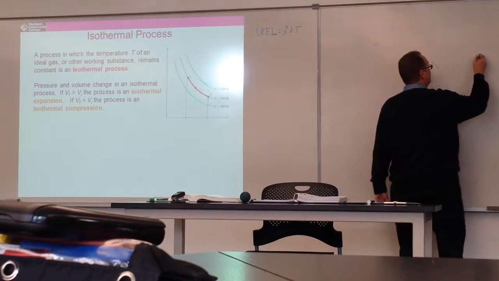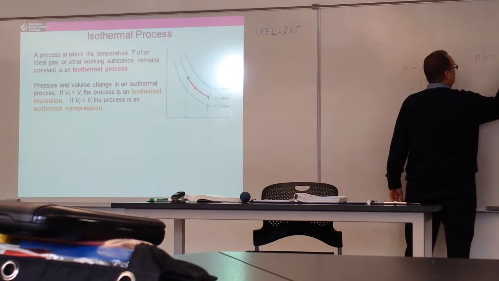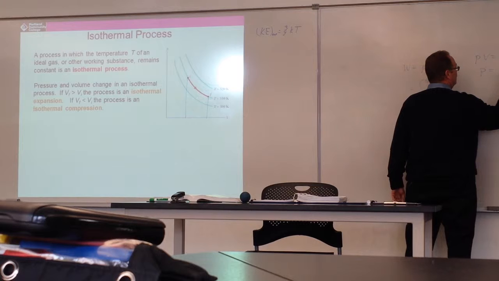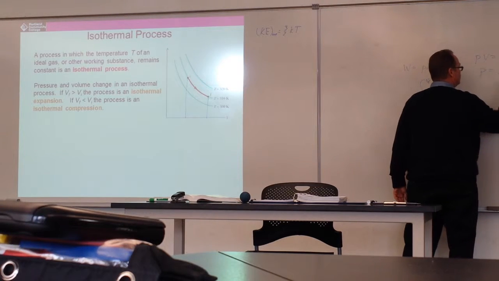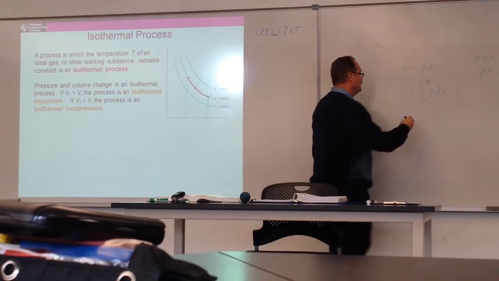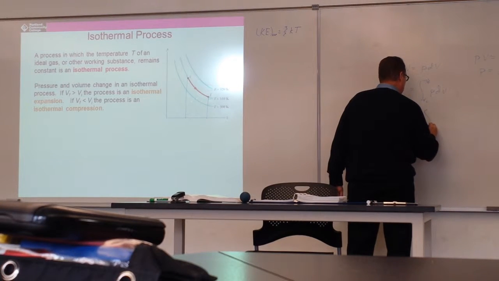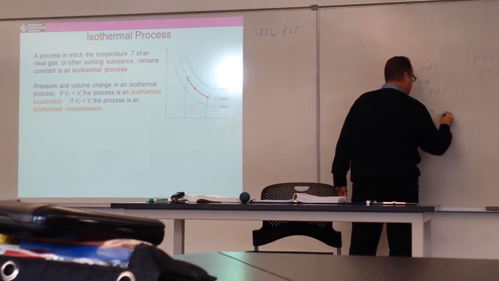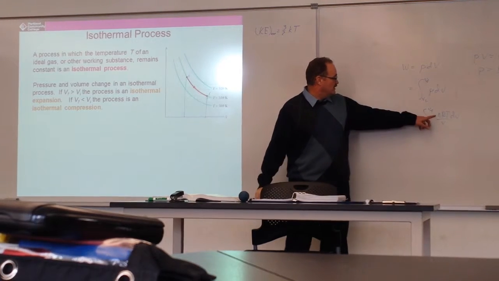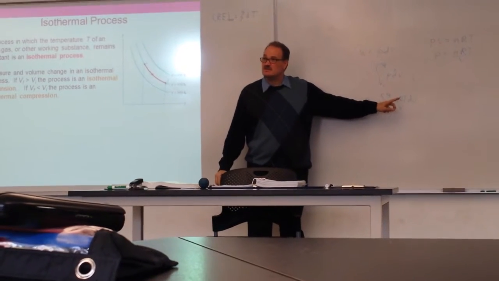So since it's an ideal gas, we know that PV equals nRT. So P is equal to nRT over volume. So I can plug that in there. That gives me the integral from V initial to V final of nRT dV over V. This is an isothermal expansion.